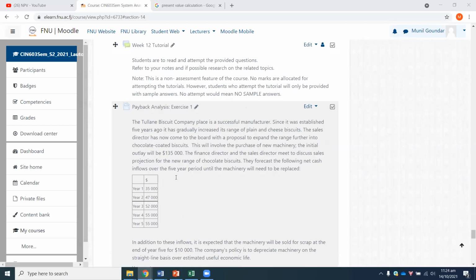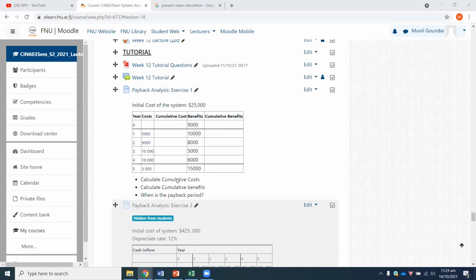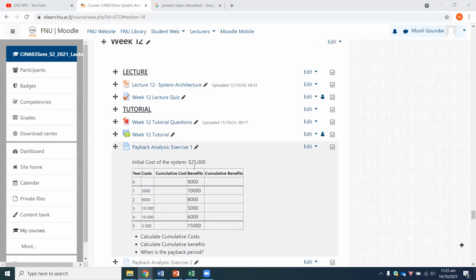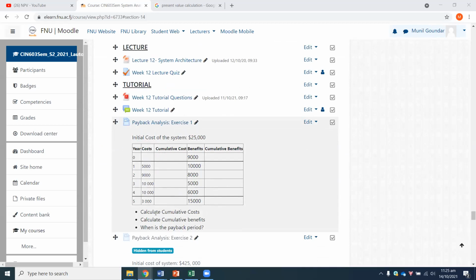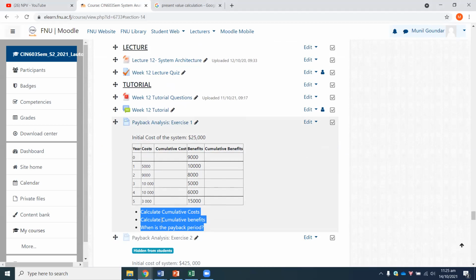Can you go back to Moodle and look at the exercise that you have for payback analysis, exercise 1, and try to calculate the cumulative costs, calculate the cumulative benefits, and when is the payback period. Get that done, and in next week's Monday's class, where we are supposed to have our lectures, but we are done with the lectures already, we'll go over this, and I'll put up 2 or 3 exercises more, and we'll go over that. Is that fine, Sammy?